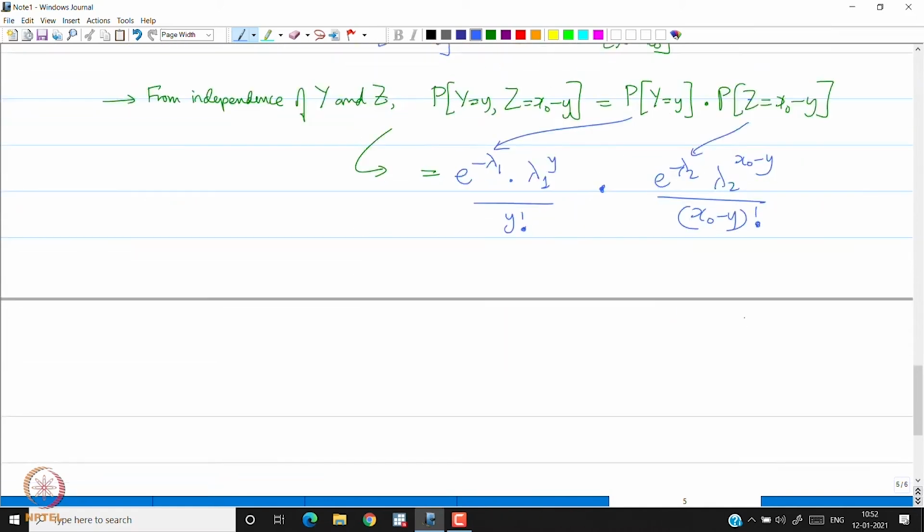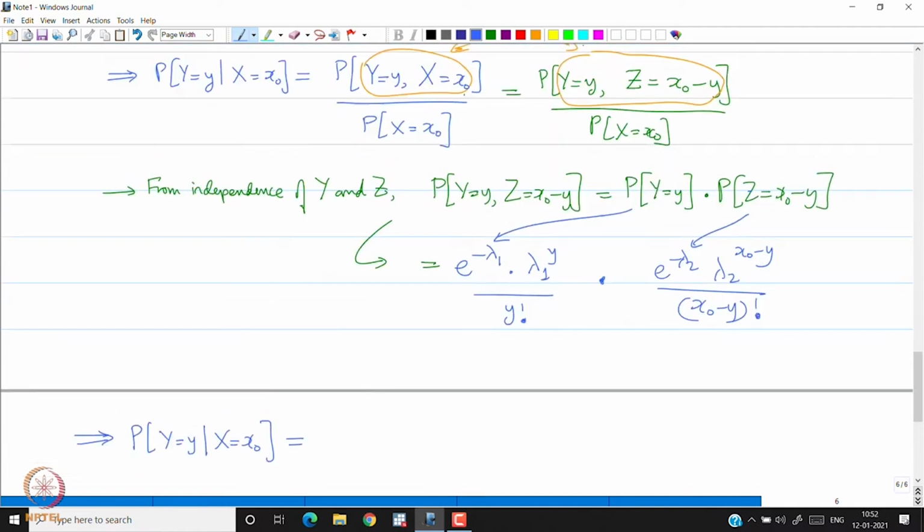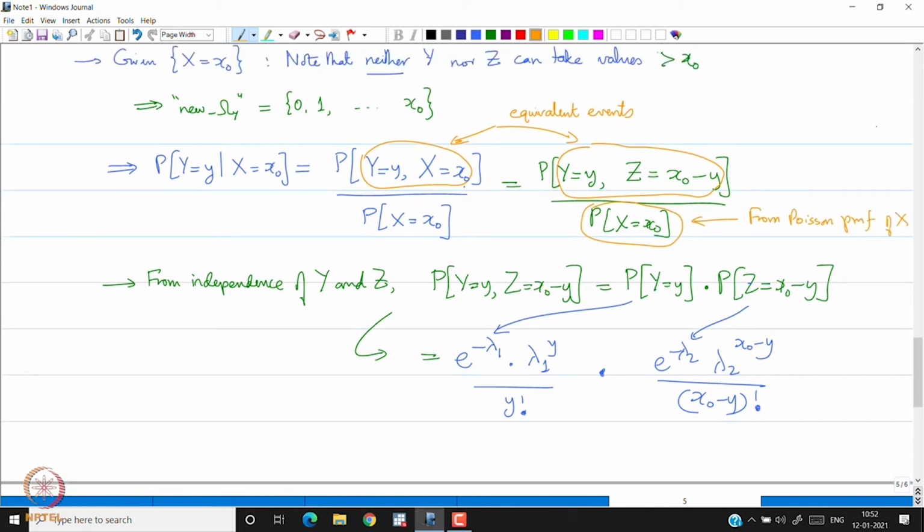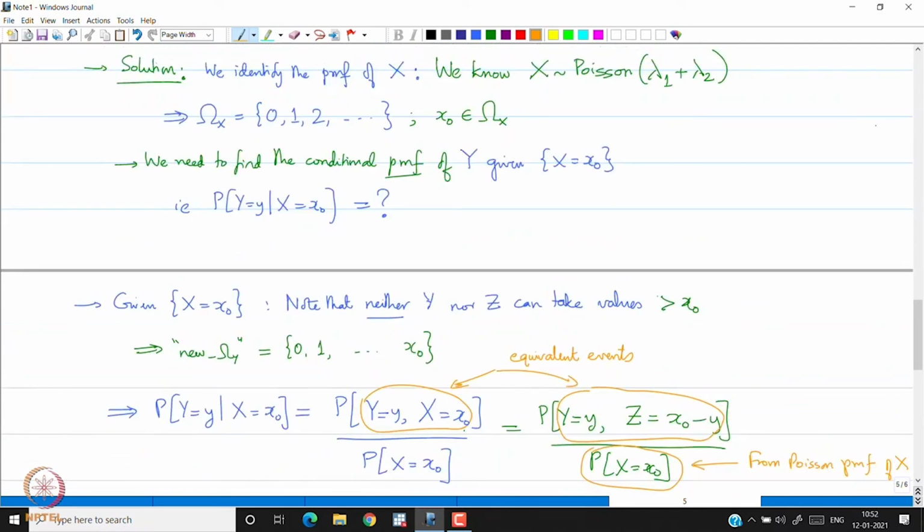So I can now go ahead with the probability that Y equals small y given X equals x naught. This is what we wanted. Now it turns out this is going to be Poisson. The denominator is from the Poisson PMF of X, which we already pointed out.